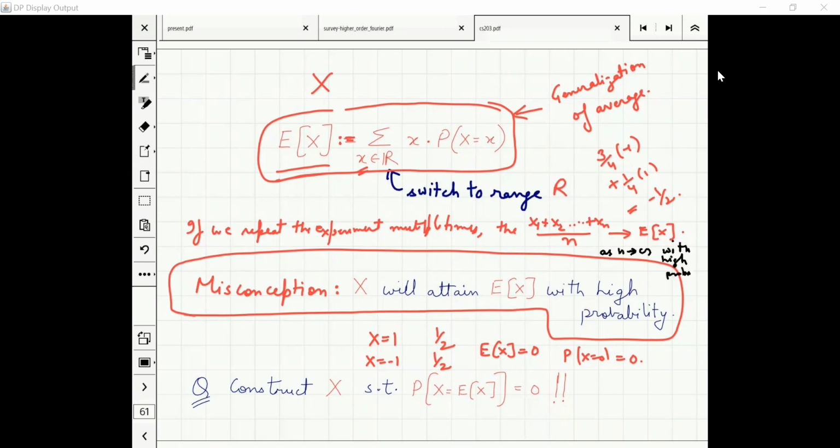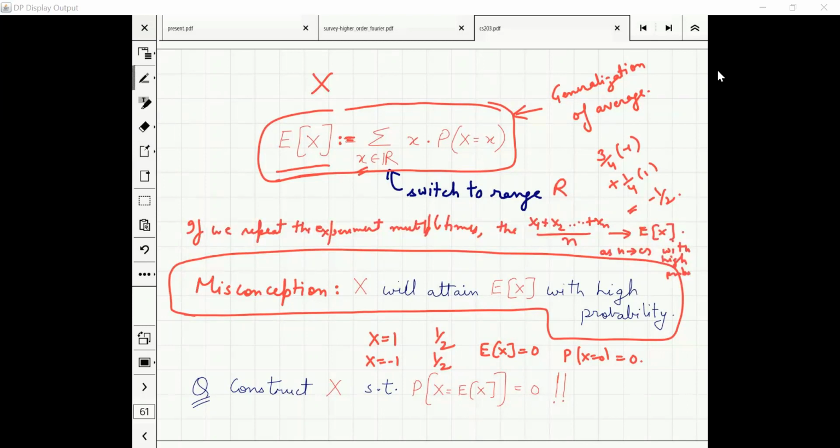We will formally prove these things mathematically very soon in 2 or 3 weeks. But this meaning of expectation should be clear to you. It's not that X will attain E of X with high probability. That's a simple and a wrong explanation. What is expectation?